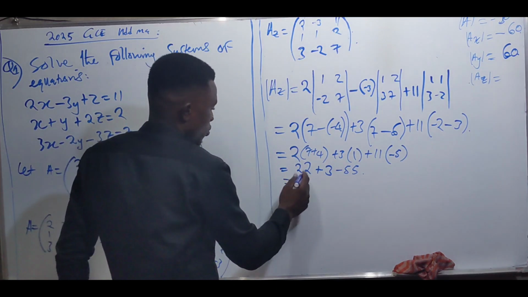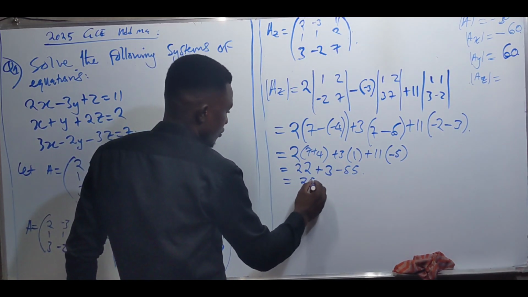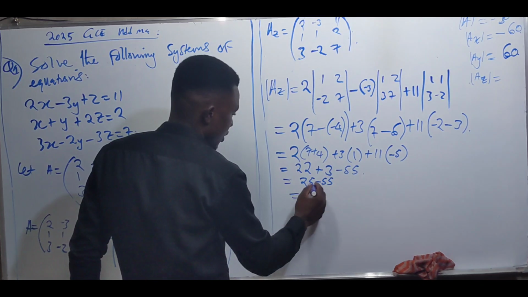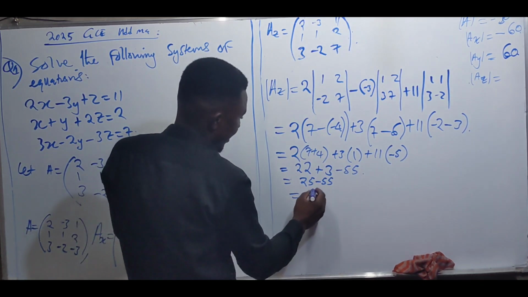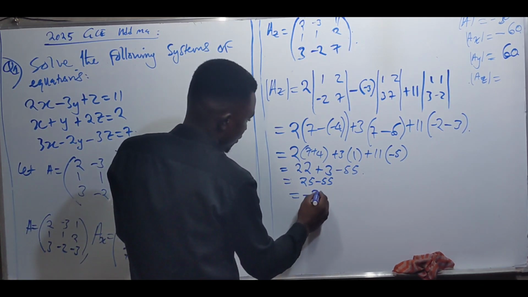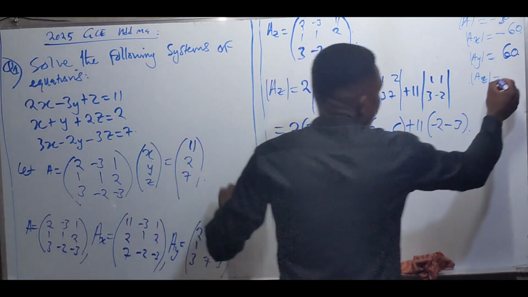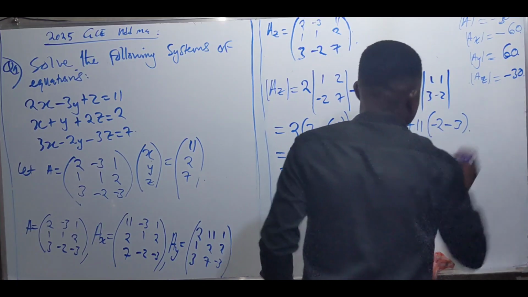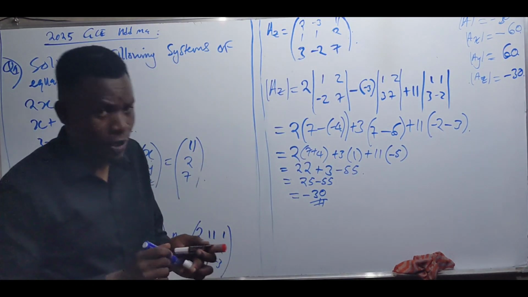Great. 22 plus 3, that is 25, minus 55. And this is nothing but equal to negative 30. Great. So the determinant here we found is negative 30. Great. So we've managed to find the determinants.